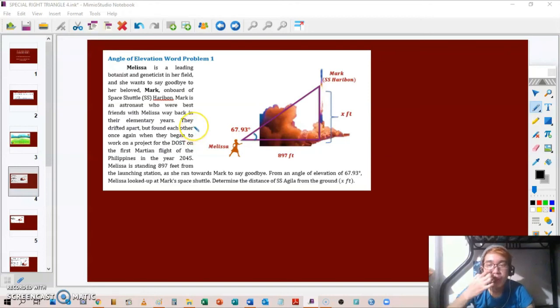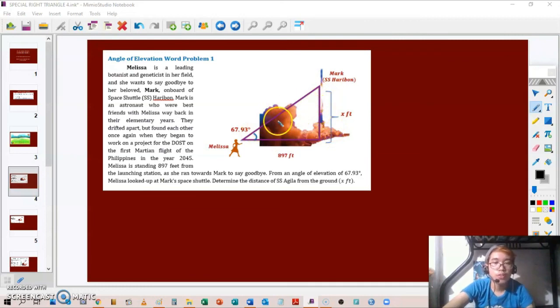They drifted apart but found each other once again when they were working on a project on their Martian flight, from the SS Haribon in the Philippines in the year 2045. Melissa is standing 897 feet from the launching station as she ran towards Mark to say goodbye. From an angle of elevation of 67.90 degrees, Melissa looked up at Mark's space shuttle. Determine the distance of SS Aguila from the ground, x feet.